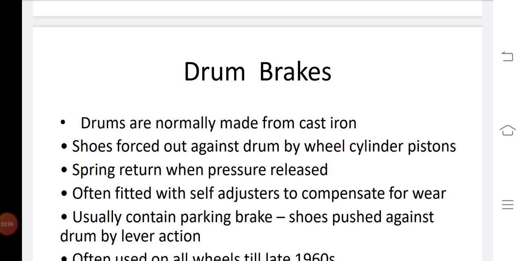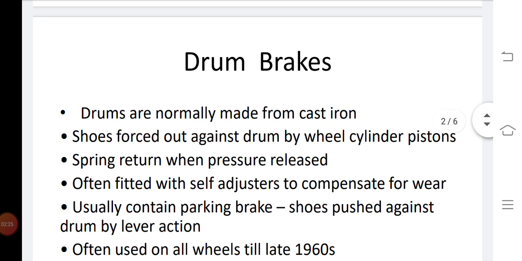In addition, the compatibility of the mechanical handbrake with a drum brake makes this type an obvious option for the rear brakes. Various shoe arrangements include leading and trailing shoes, two leading shoes, or duo servo type of braking.